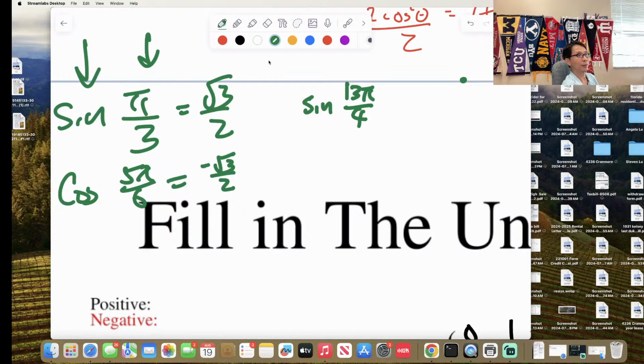Radical 2 over 2. Aspen, what do you think the answer is? I'm not saying either right or wrong. It's over 4. Over 2. Okay. All right. So the answer is radical 2 over 2.